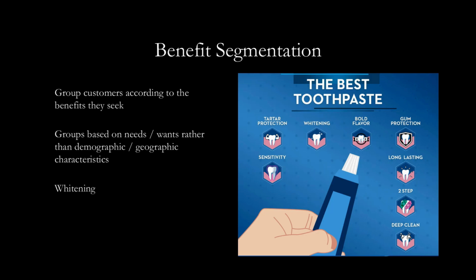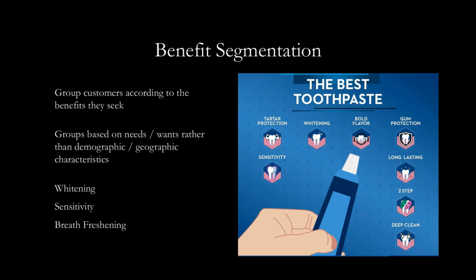Whitening. Customers who want whiter teeth buy toothpaste specifically for whitening benefits, such as Crest 3D White or Colgate Optic White. Sensitivity. Customers with sensitive teeth buy toothpaste that reduces sensitivity, such as Sensodyne or Colgate Sensitive.